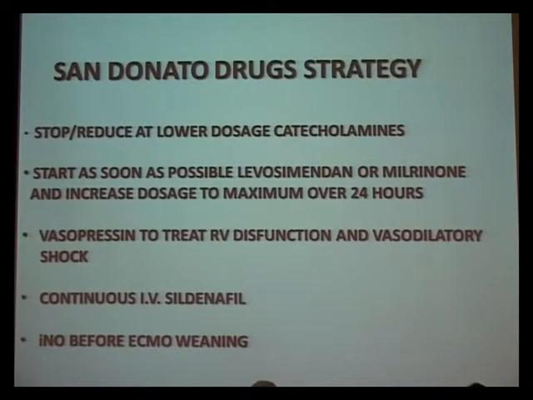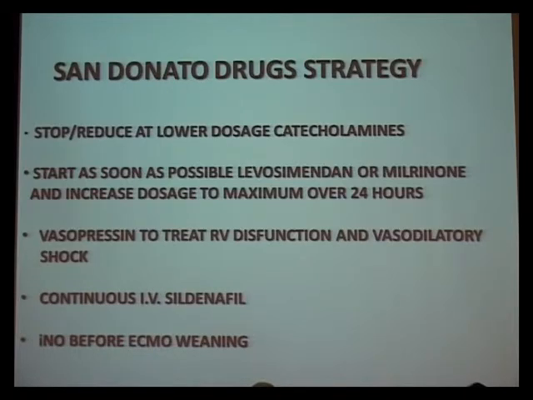Well, our strategy: we normally stop or reduce the dosage of catecholamines under ECMO, and we start as soon as possible levosimendan, better than milrinone in this case, because levosimendan acts as an inotropic drug and reduces pulmonary vascular resistance.